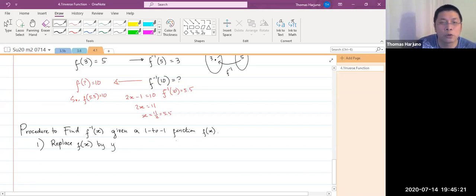Suppose, for example, I have that f(x) equals 2x minus 1, right? So to find the inverse function, I replace f(x) by y first. Step 2, swap x and y.